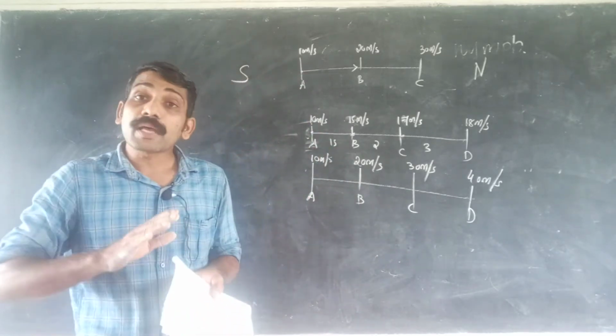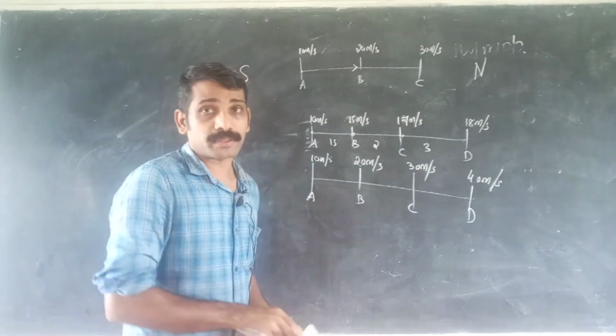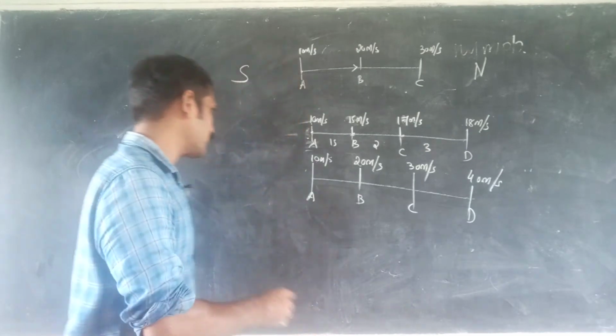So when the velocity changes at a uniform rate, the velocity is calculated in terms of average velocity. How can we find the average velocity?